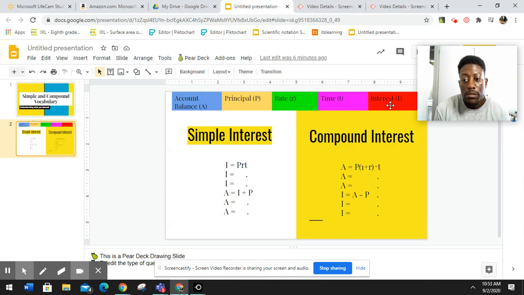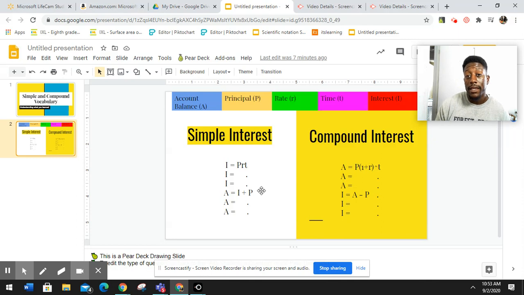Now, whenever we do a simple interest problem, there's typically two things that they're asking for, either account balance or interest. But since simple interest does give us the amount of earnings, which is interest, in order to find the account balance, we would have to add our interest plus our principal.